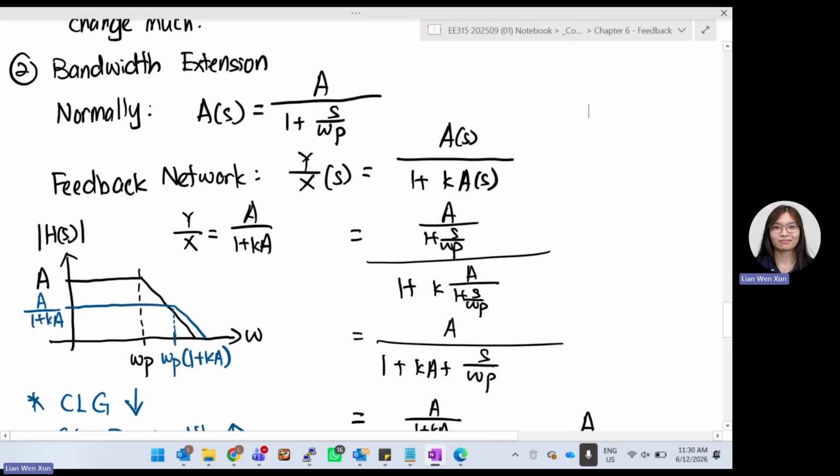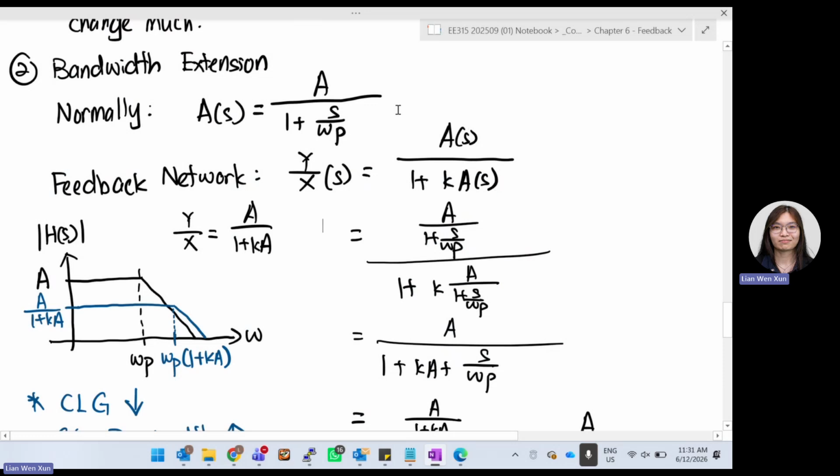Bandwidth extension. As we learned last week, for the transfer function, the gain of a system is generally A over 1 plus S over omega P, depending on how many poles you have. If we consider this whole thing as the open loop transfer function, we call it A(S). Then the feedback network in terms of frequency response will just be A(S) over 1 plus K A(S).